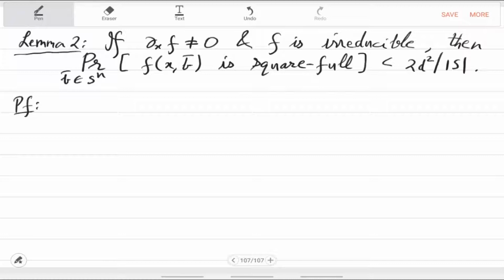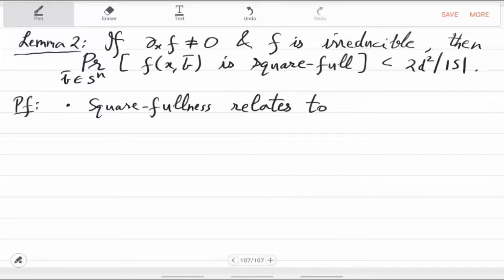The way we will show this is, recall that square freeness or square fullness relates to the discriminant of f.